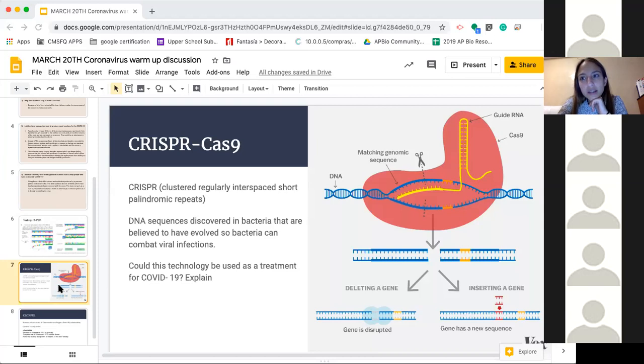It was a way that bacteria were able to splice and break viral genetic information so that they could not get infected. So I'm thinking that with a little bit of engineering, CRISPR could potentially be used. Just for right now, for the purposes that we have seen CRISPR being used, it's not necessarily the case.